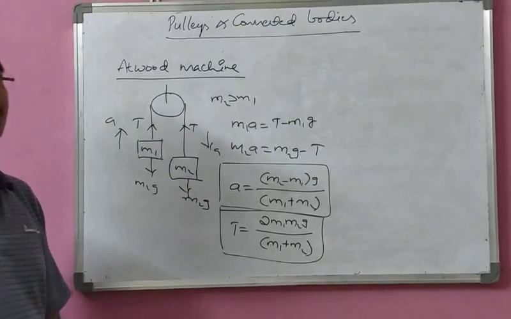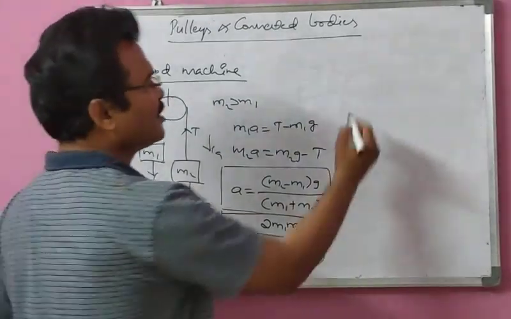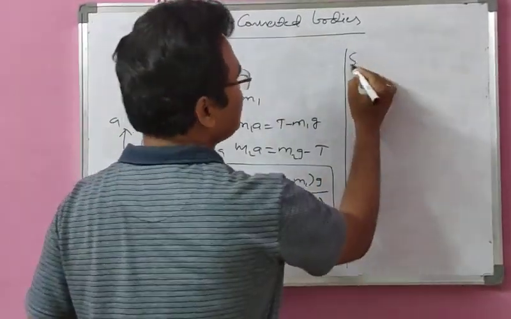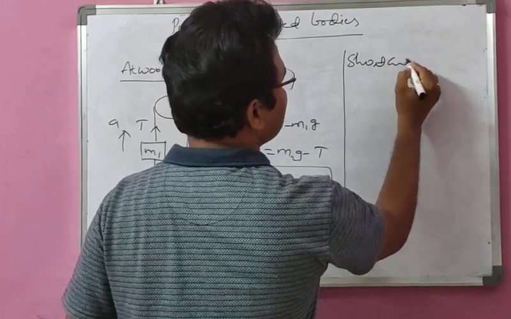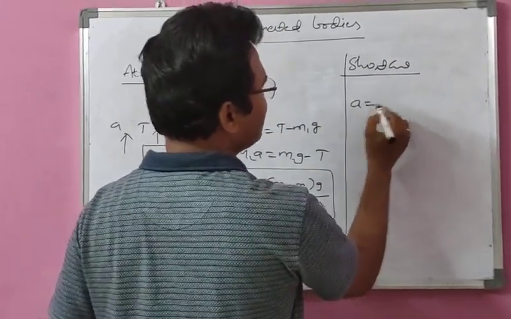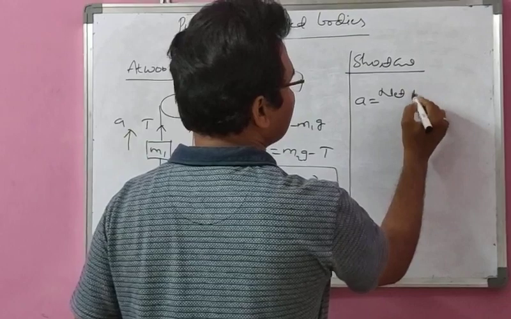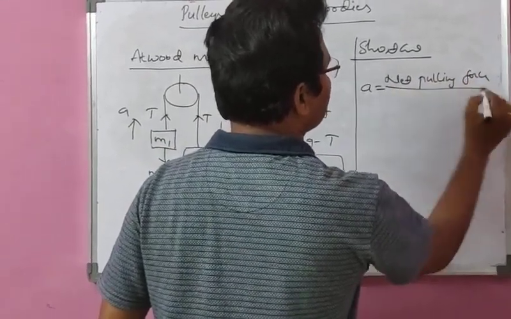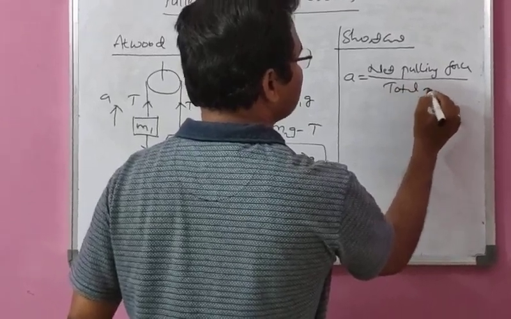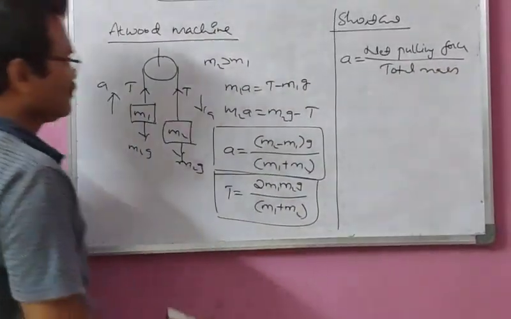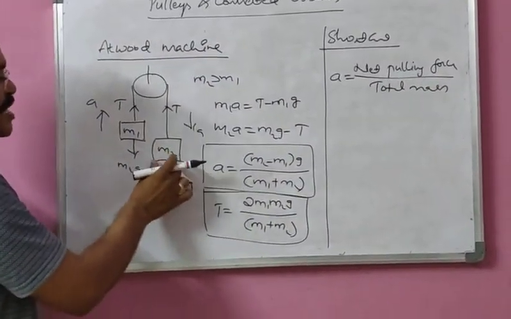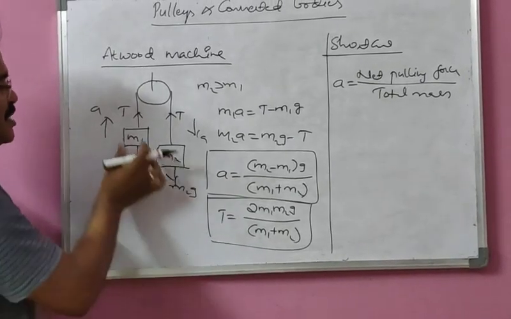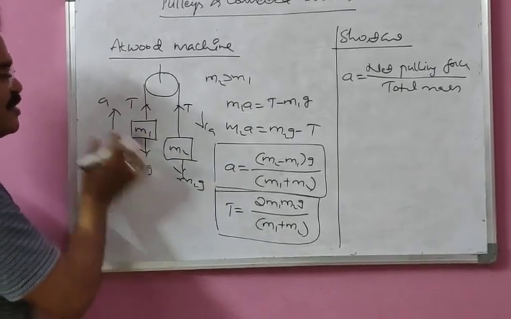How can these two be found in a single step? So the shortcut and the trick I am going to tell you. The shortcut is, for acceleration, a equal to net pulling force by total mass. Here, this body has more weight, so it pulls down, but this weight acting downward is opposing.